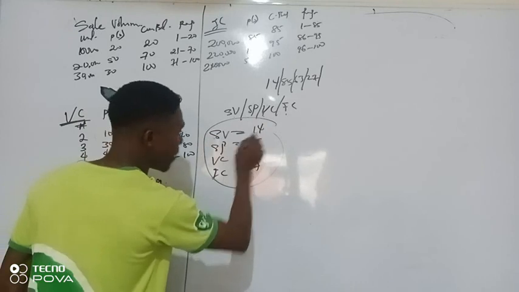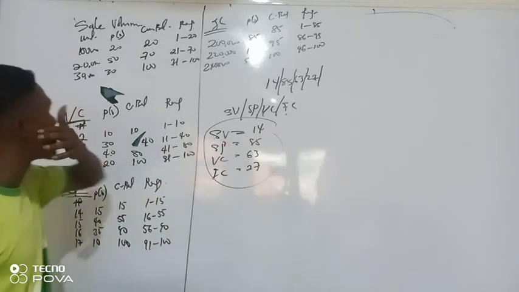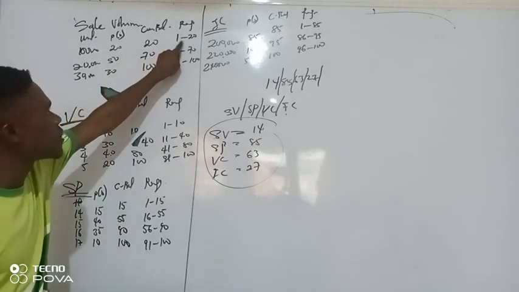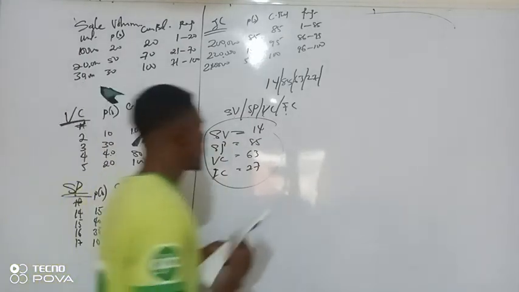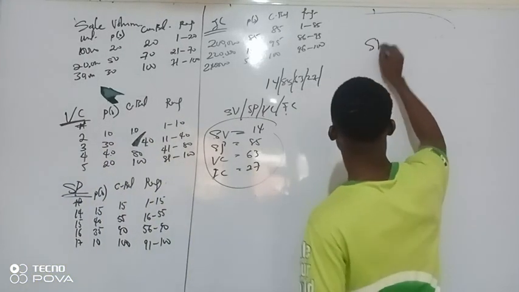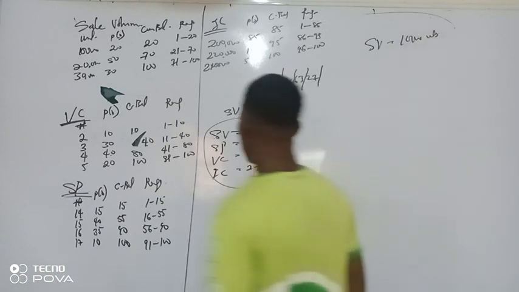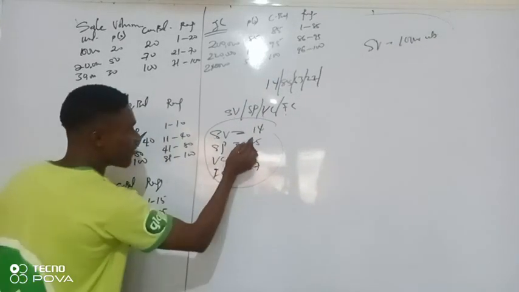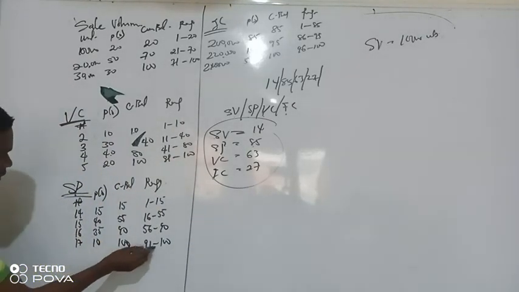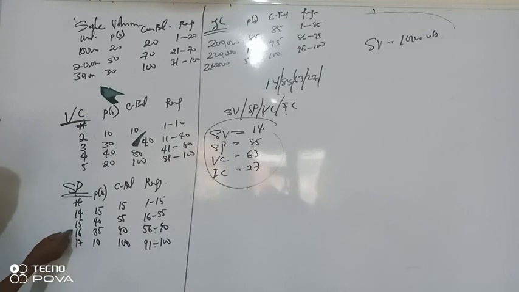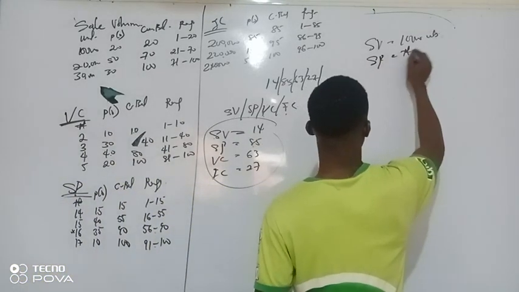So now you look at your range. Sales volume 14: check your range. How many are you able to sell? Why is 14 in this range? It gives 10,000, which means you are expecting a sales volume of 10,000 units. For selling price, 85 falls here, and the price is 16 naira, so your selling price is 16 naira.